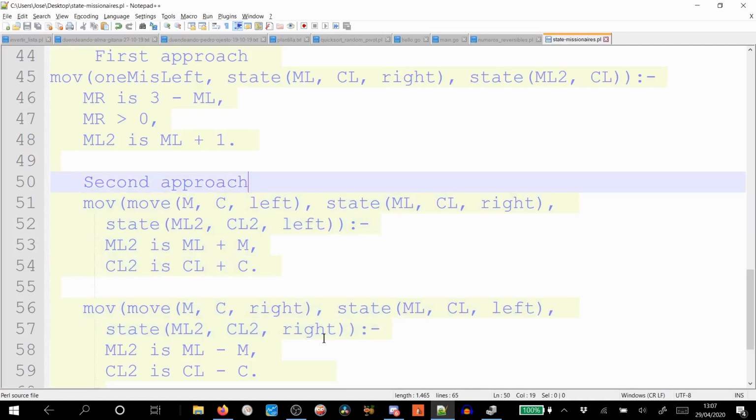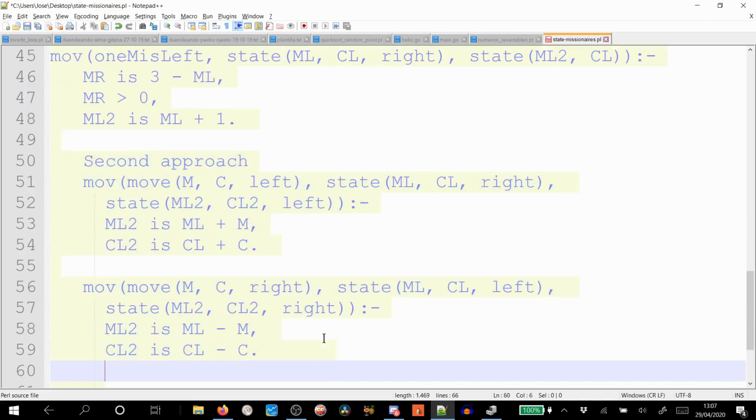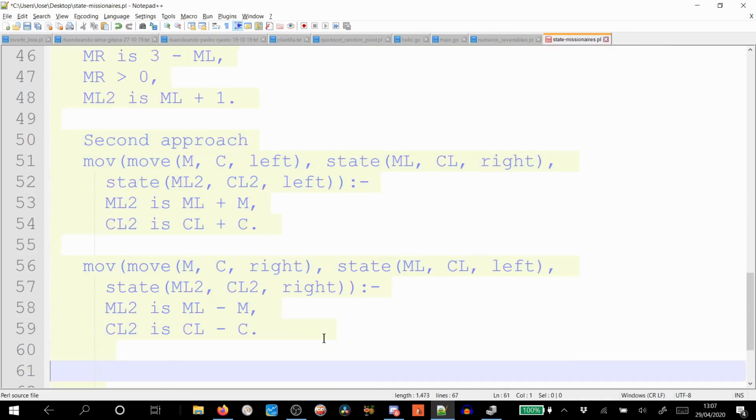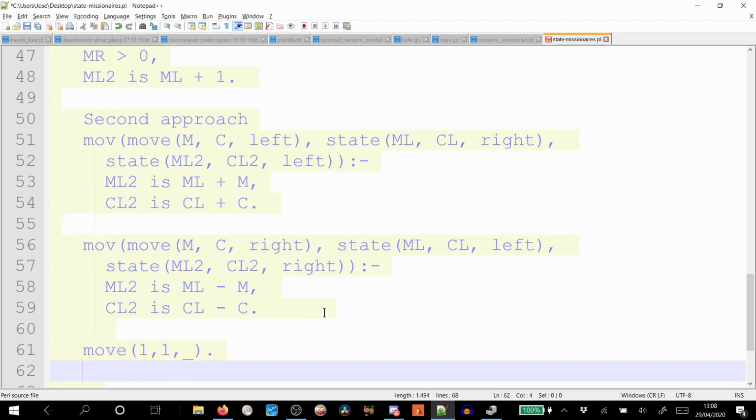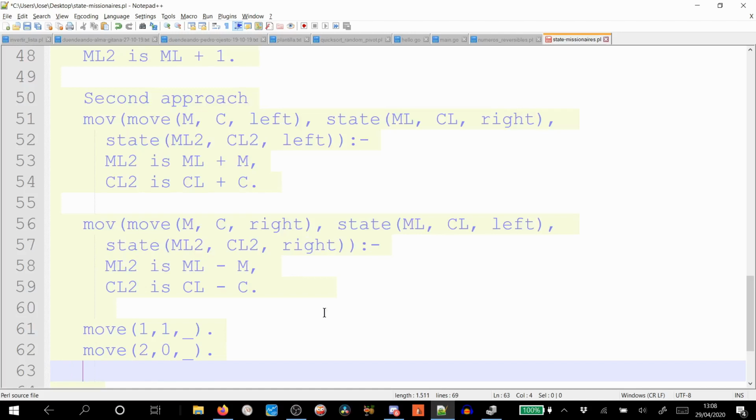And now let's answer the question of Christian. It's like how we can check. Okay, let's create move. The options for move. Move is possible. The possible movements are 1 and 1, and it doesn't matter about the boat. That will be one option. Move, I can choose 0, doesn't matter about to the left, to the right.